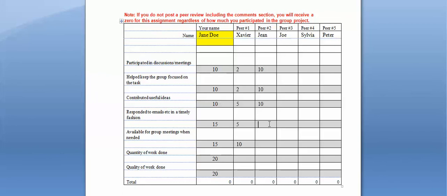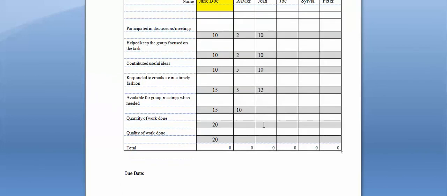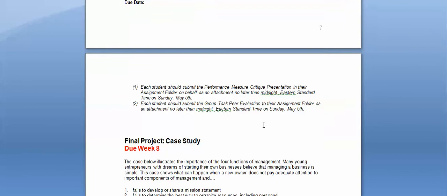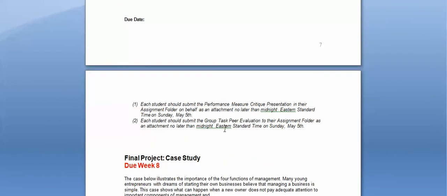And though I did notice that she didn't respond to all the emails in a very timely fashion, so maybe I give her 9 points. This is what you'll be doing. So want to make sure that you're focused here on this and that you understand what needs to be done. The due date for this assignment is Sunday, May 5th, no later than midnight.